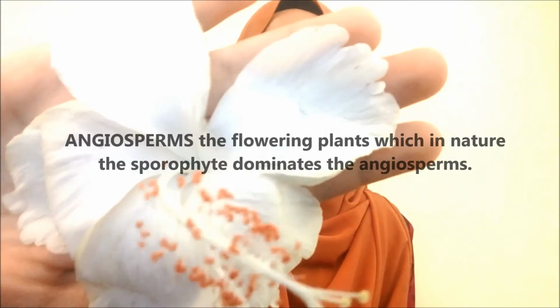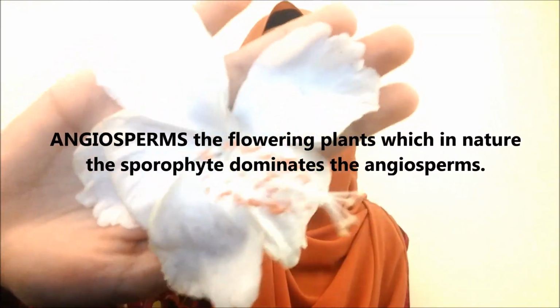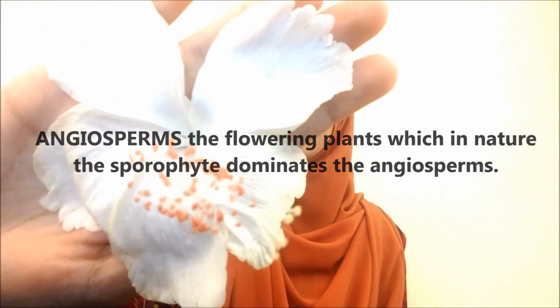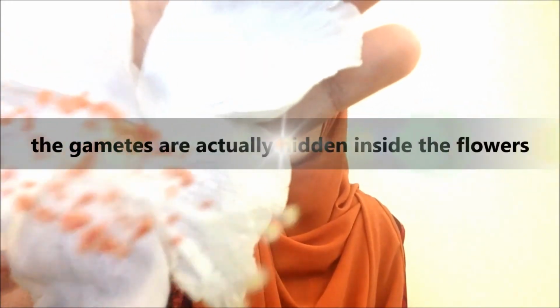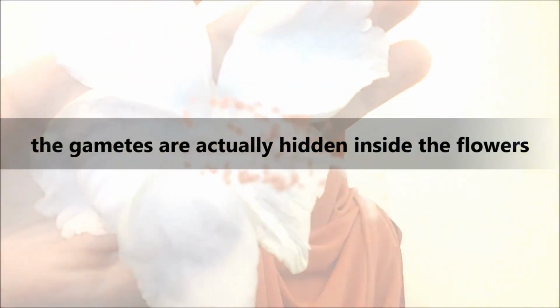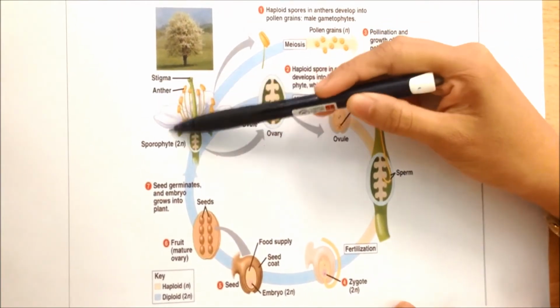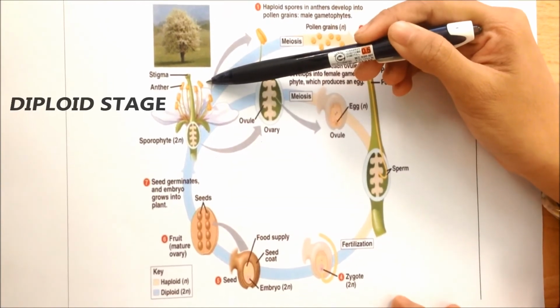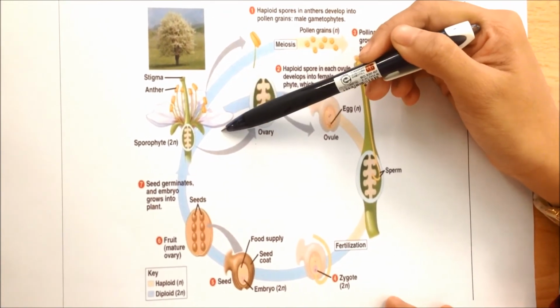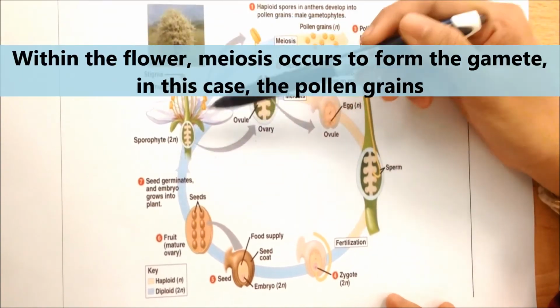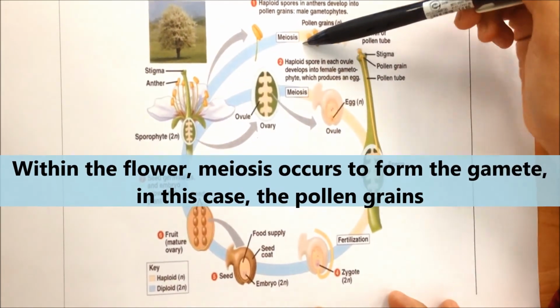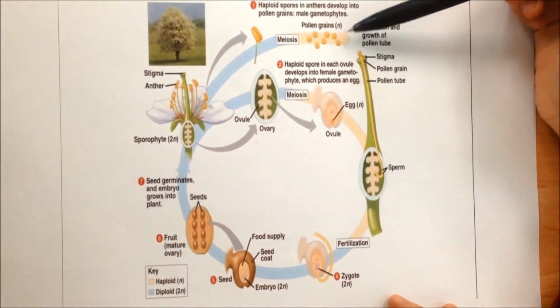So now, the most advanced of all plants are the angiosperms, the flowering plants, in which the sporophyte dominates in nature, and the gametes are actually hidden inside the flowers. Again, the diploid state is what we're going to start with. The plant itself is the sporophyte. Within the flower, meiosis occurs, in this case forming the pollen grains.